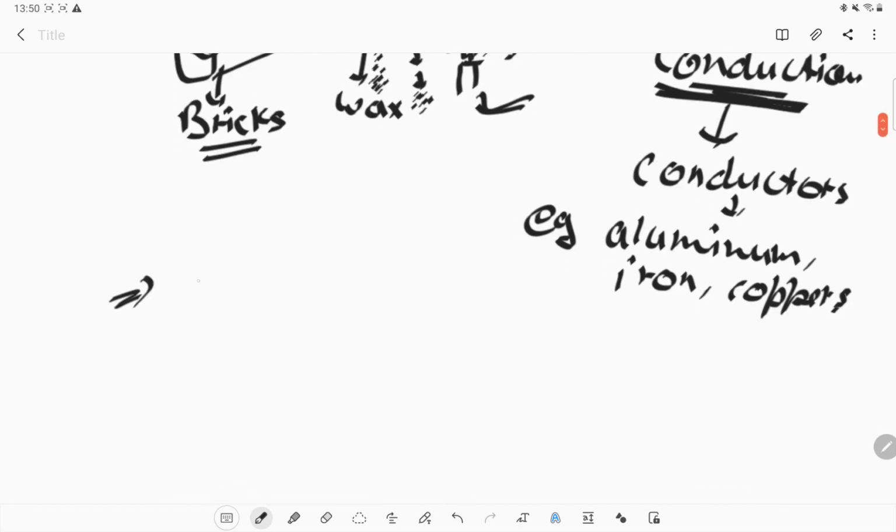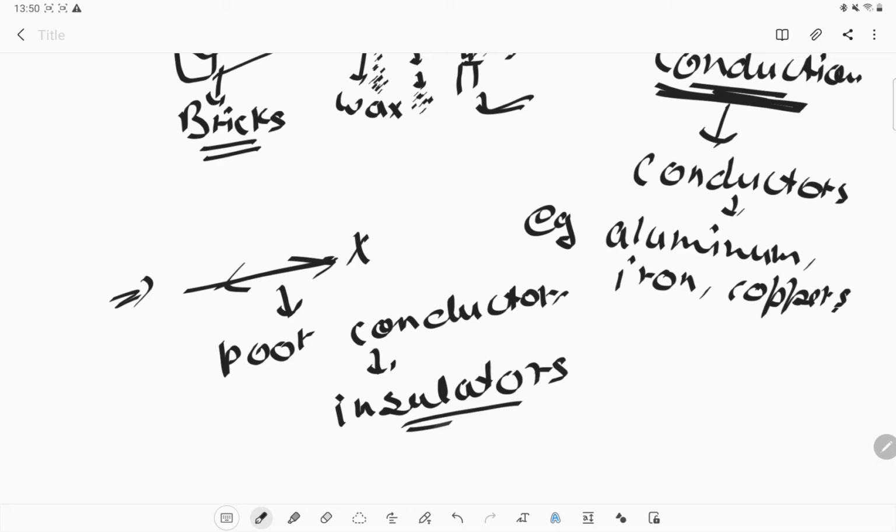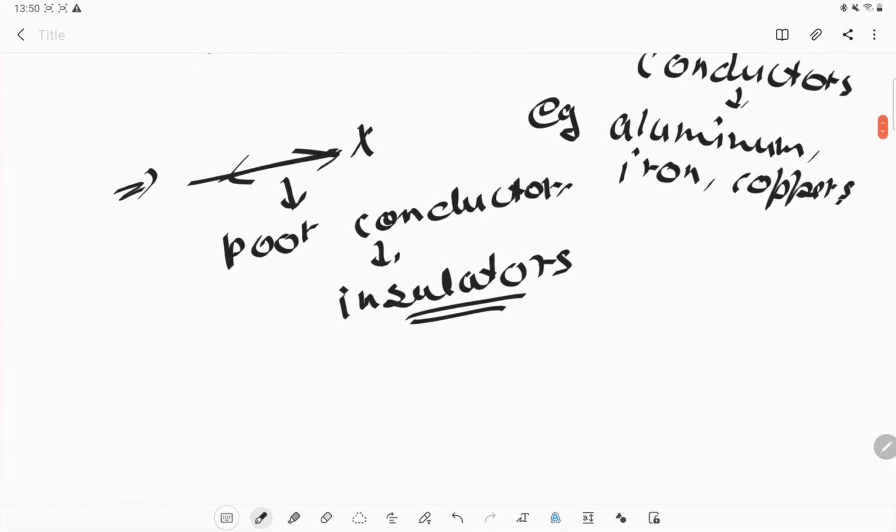The materials which do not allow heat to pass through them are known as poor conductors, as well as insulators. The other name of a poor conductor is an insulator. So what are insulators? The objects or materials which do not allow heat to pass through them.